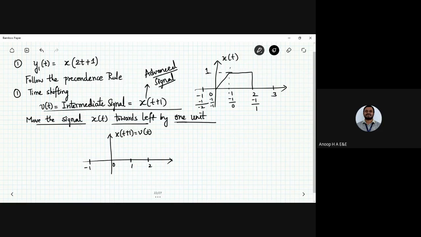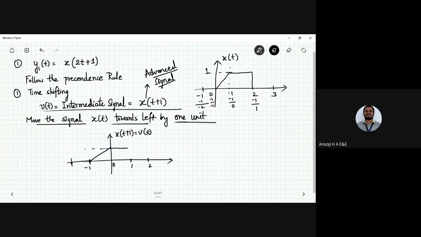At -2 it is 0. Now at 0, in the original signal it is 0, but here it is -1. I need to show here that it is 1 at 0, having a magnitude of 1.